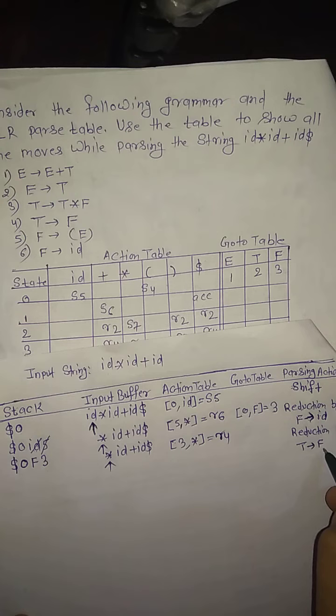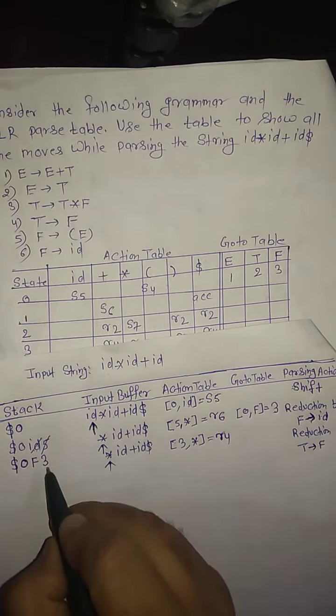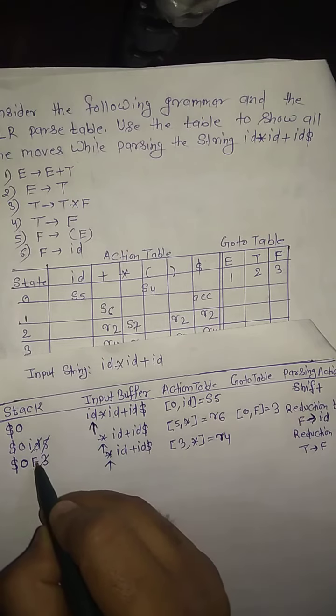The length of the body is 1. Whatever the length, you multiply with 2. So 1 multiply 2, and you have to remove 2 symbols from the top of the stack.